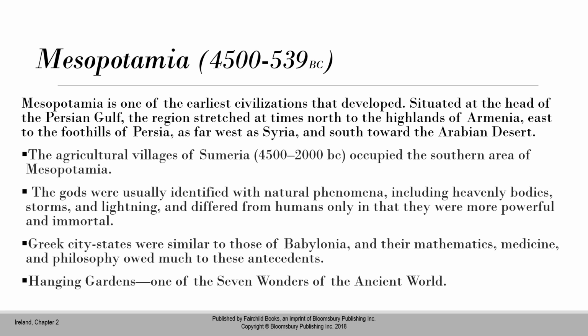Again, they believed that they were more powerful than humans and were immortal. In the Mesopotamian region, the Hanging Gardens are also one of the 7 wonders of the ancient world.